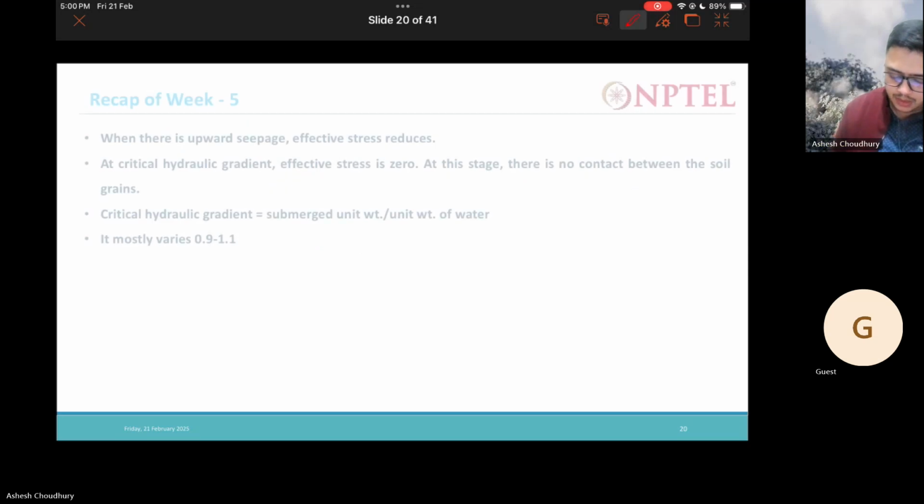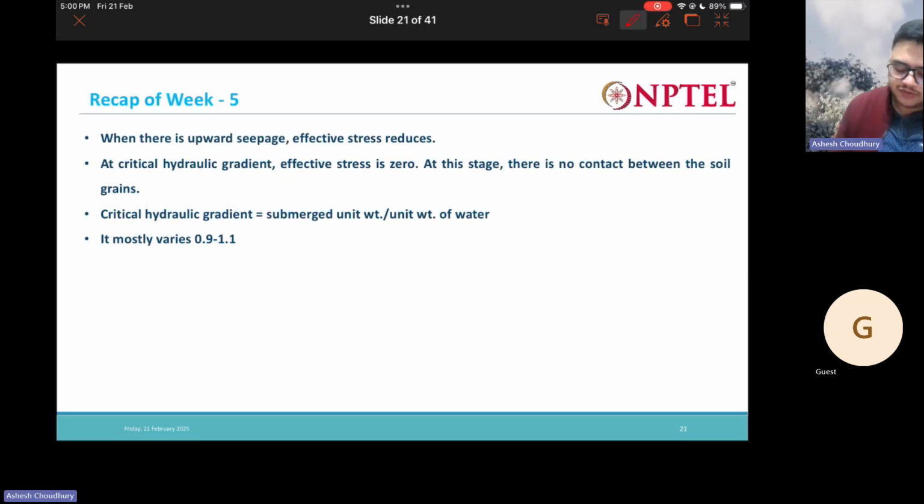Okay. So when there is upward seepage, effective stress reduces. At critical hydraulic gradient, the effective stress is zero. At this stage, there is no contact between the soil grains. Critical hydraulic gradient is nothing but submerged unit weight by unit weight of water. It mostly varies between 0.9 to 1.